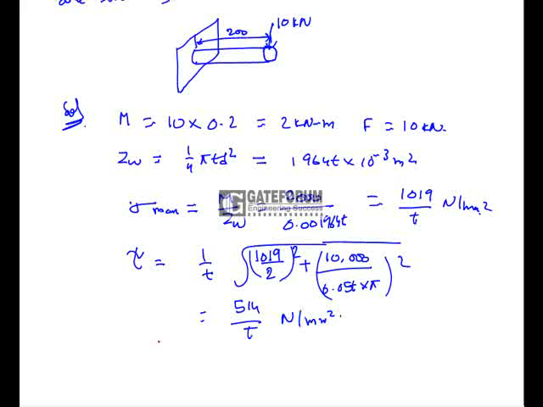And the size of the weld, let us say h, is equal to 514 by 0.707 into 94, which is equal to 7.7 mm.